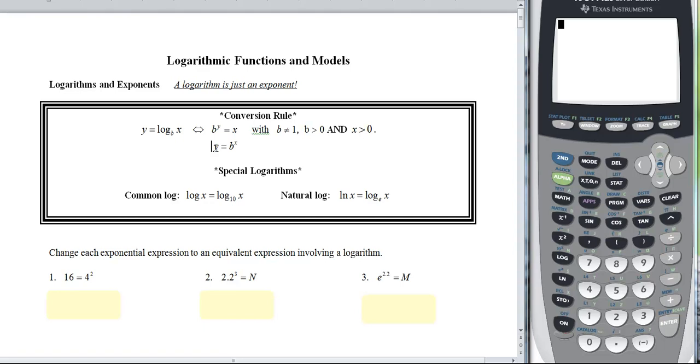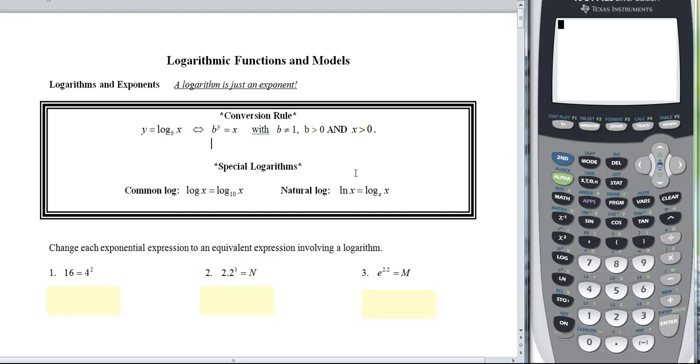Wherever I've got y, I put x. Wherever I have x, I put y. And the other thing we had to do is we had to solve for y. Well, the only way we can do that is by using logarithms. So this right here would be the inverse of this. So exponentials and logarithms are inverses of one another.